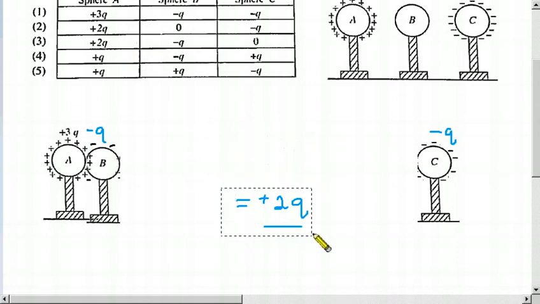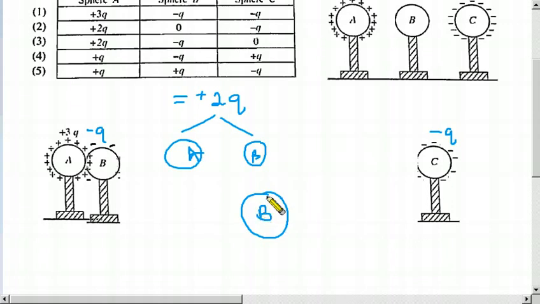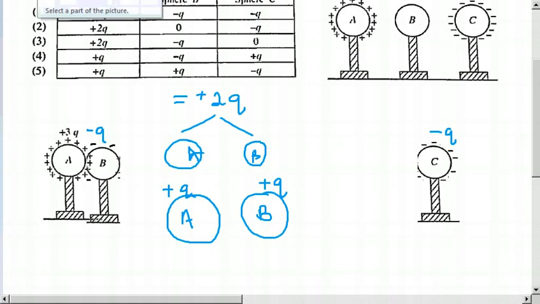That means for both spheres, this 2q equally distributes between these two spheres A and B. So now B gets finally +1q and A has +1q. So that is what happens finally. So then the final answer is this one.